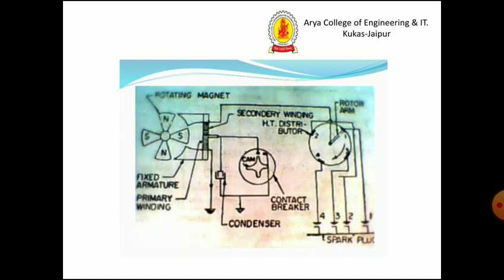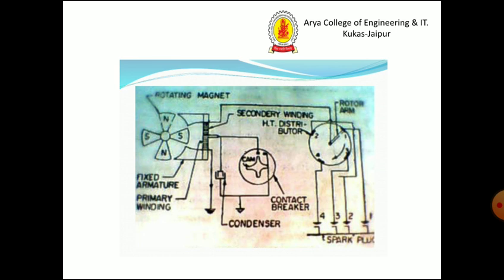This is the general construction of a magneto ignition system, in which there is a rotating magnet with a fixed armature and a primary winding which is connected to the contact breaker and the condenser, and the secondary winding which is directly connected to the distributor, which has a rotor arm.